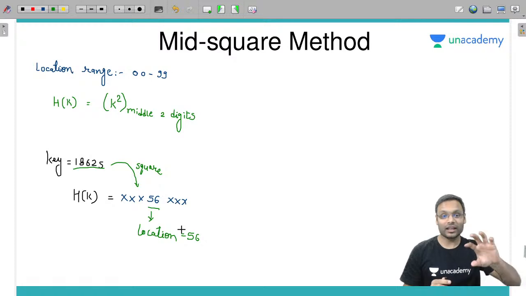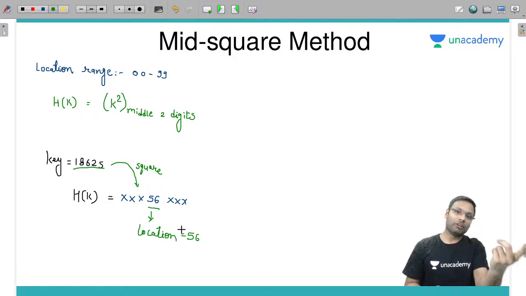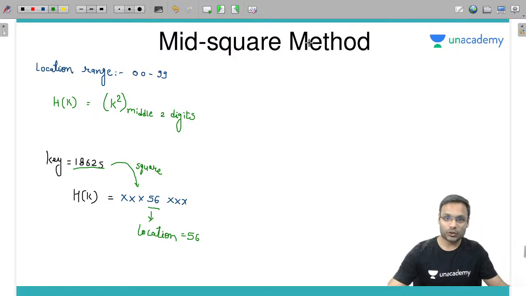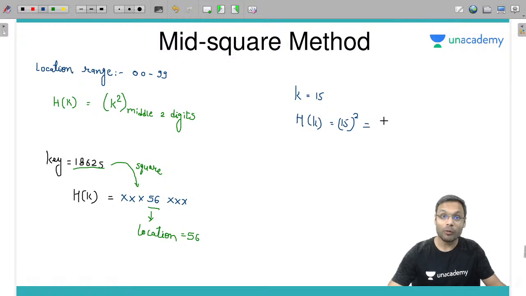Now you will say, sir, what if there is only 1 middle digit? Suppose the key is 15. What is h of k? The middle of 15 square. 15 square is how much? 225.